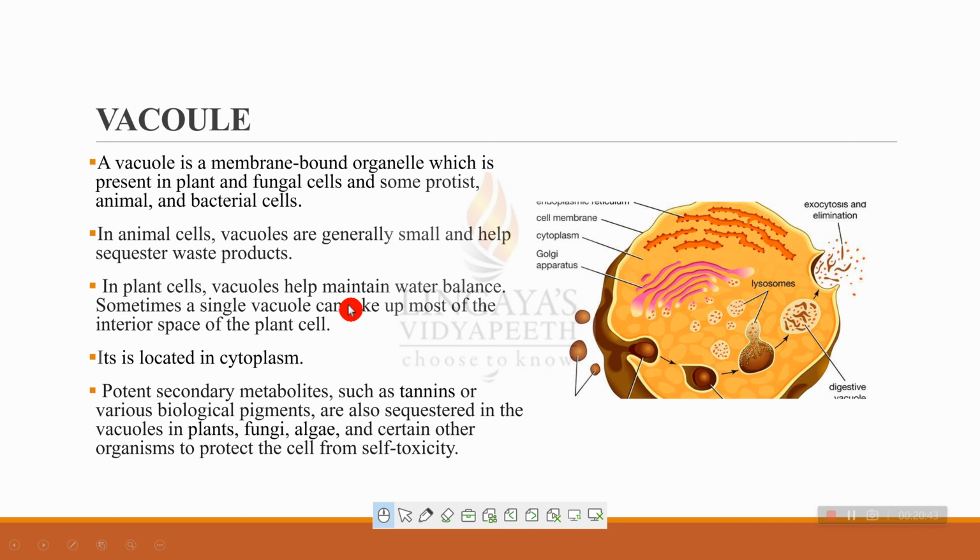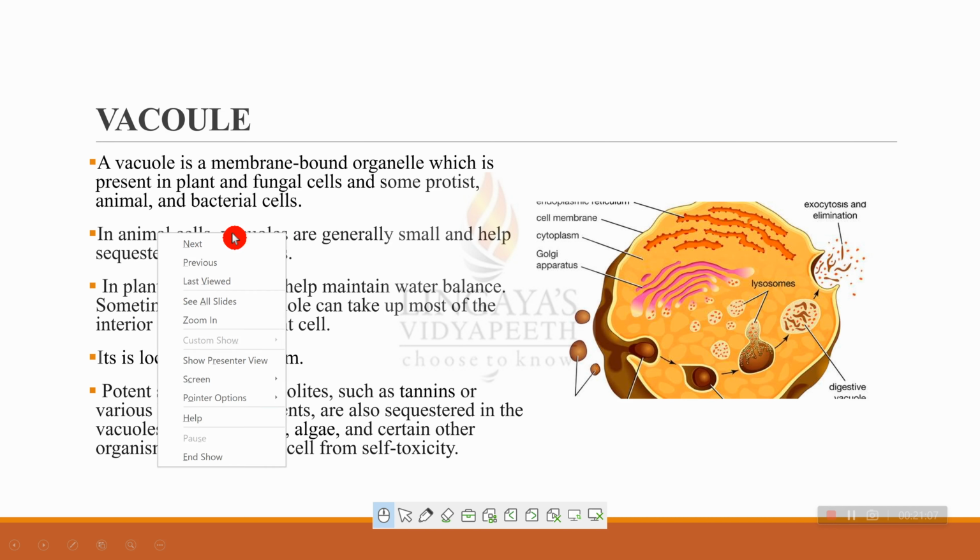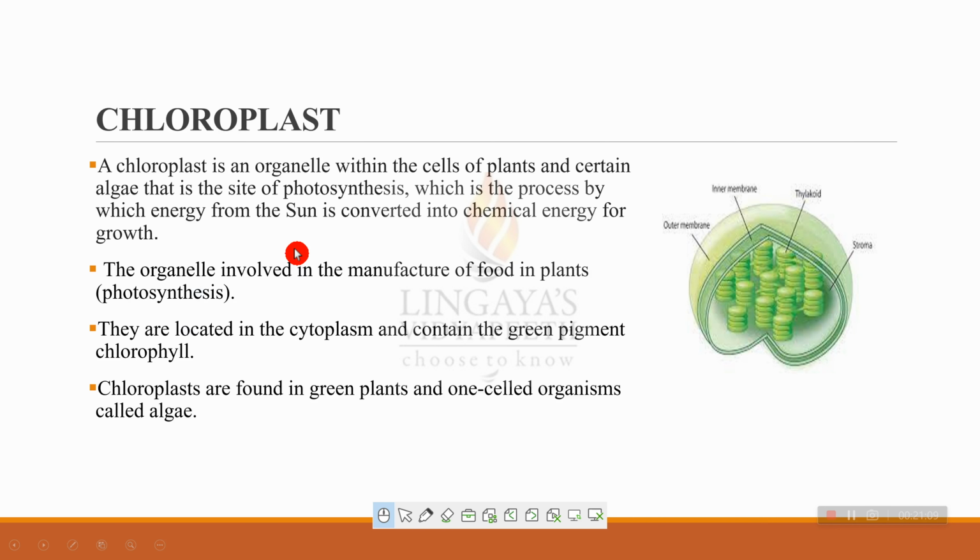Sometimes a single vacuole can take up most of the interior space of the plant cell. It is present in plant and fungal cells and some protist, animal and bacterial cells. It is also located in the cytoplasm. Potent secondary metabolites such as tannins or various biological pigments are also sequestered in the vacuoles in plants.